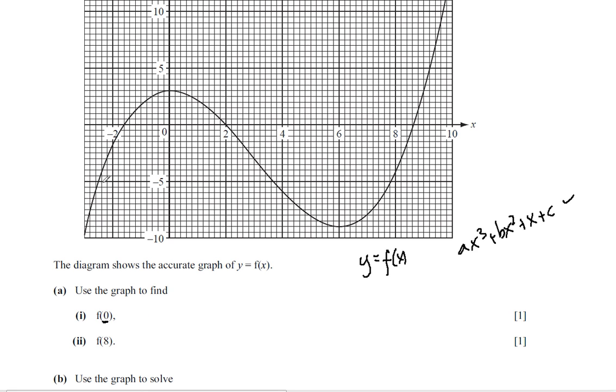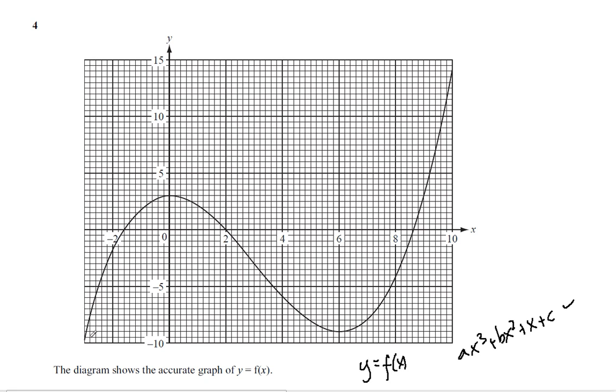In other words, if this graph is f of x, what is the value of the graph when x is 0? Well, here's our graph, and here's x is 0. So what is the y value of this graph when x is 0?